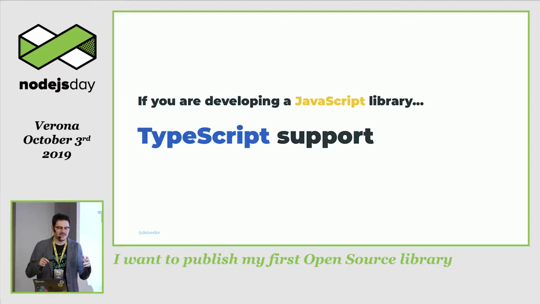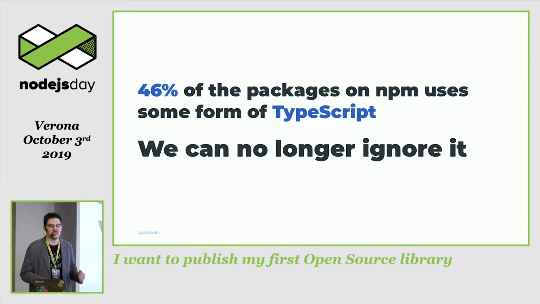Then, if you're developing a JavaScript library, this is a pain topic for me: TypeScript support. So 46% of the packages on NPM use some form of TypeScript, which means that we can no longer ignore it. And do not rely on DefinitelyTyped, because you are not in control of those types, and those types will go out of date.